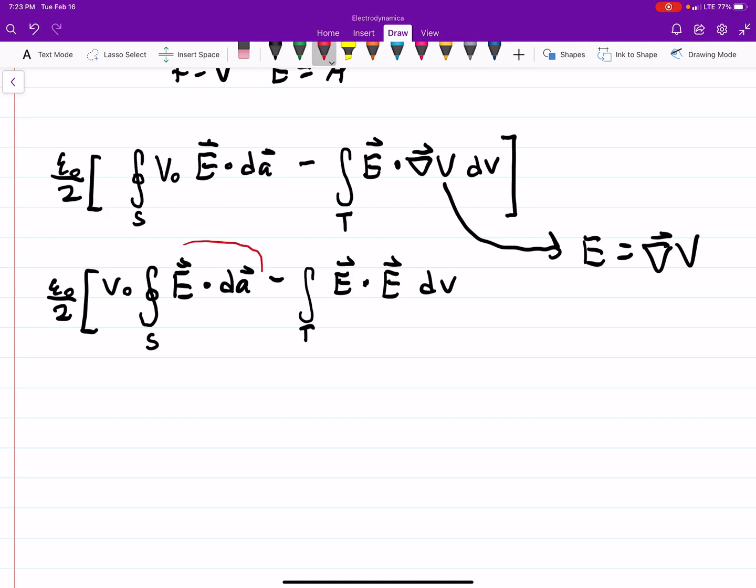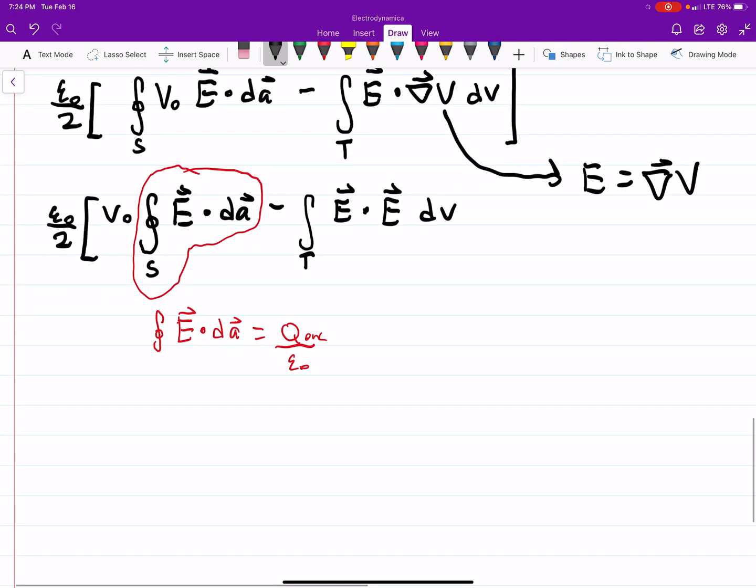So this part should look a little bit familiar. A closed surface integral of E dot dA. That is just Gauss's law. And we know that the closed integral of E dot dA is just our Q enclosed over epsilon naught.